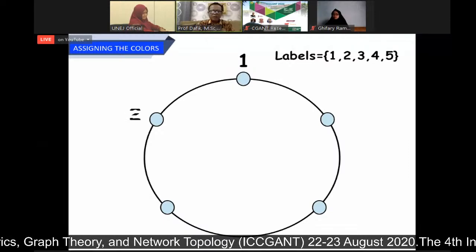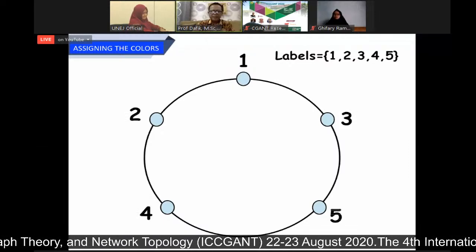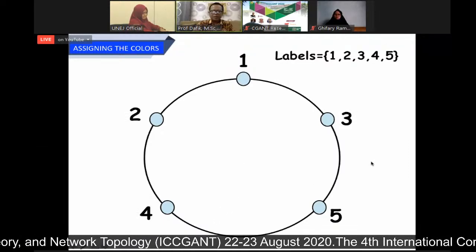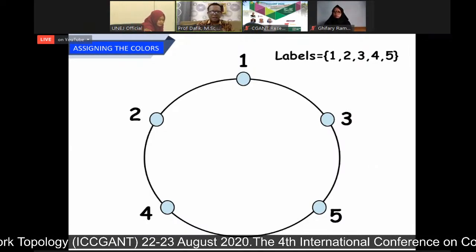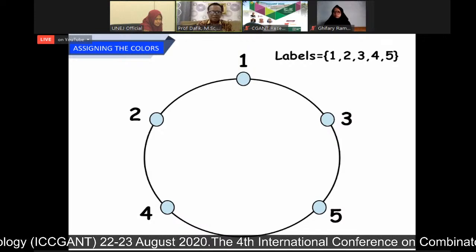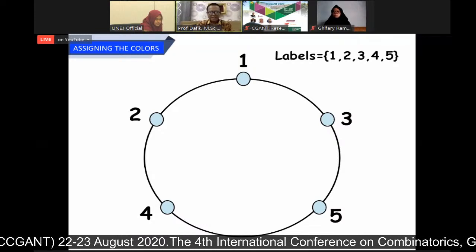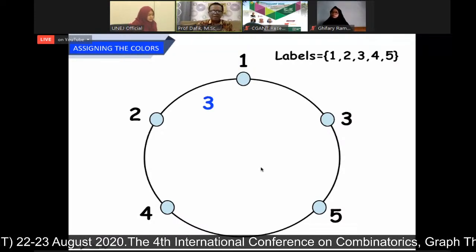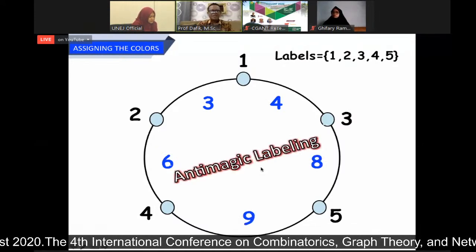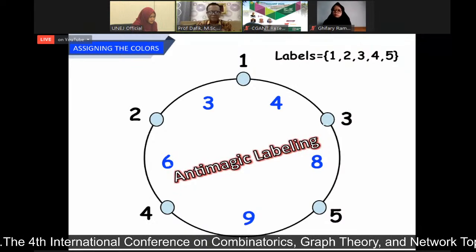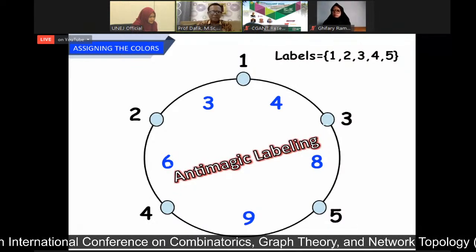If you have this one, of course we first start by assigning the labels to the vertices. And then finally, we have this one. This is anti-magic labeling, if we consider the H weights are different.